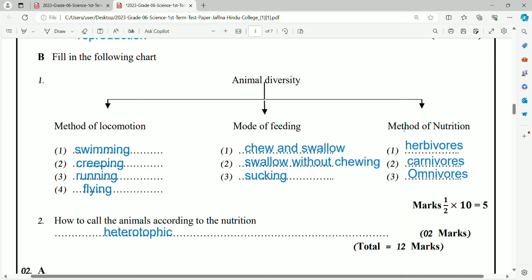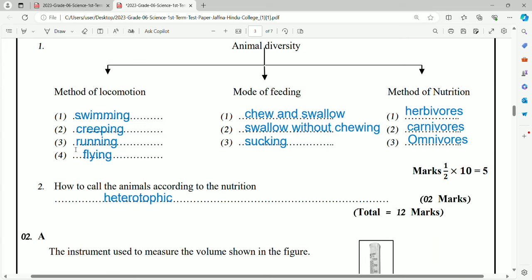Method of nutrition. So animals can be divided into 3 based on nutrition: herbivores, carnivores, omnivores. Herbivores mean taking only plants. Carnivores take only flesh or meat. Omnivores take plants and flesh, or plants and animal matter.